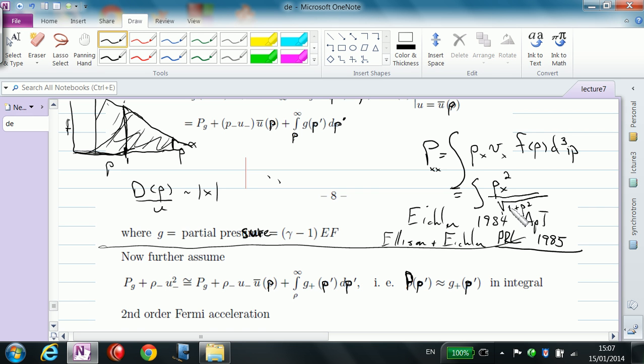Well, not 1, but m squared c squared plus p squared over m squared c squared. So that's the expression for pressure.